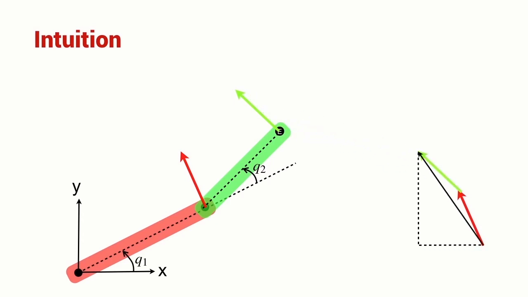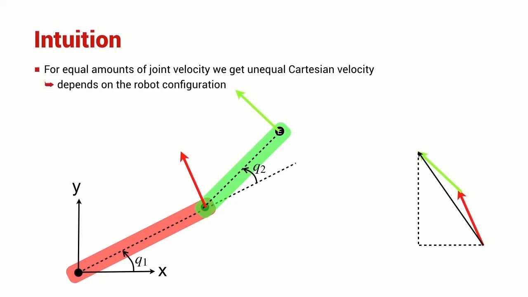And what we see is that in this particular configuration, the robot is able to move more quickly in the vertical direction than it can in the horizontal direction. So for equal joint velocities, we will in general get uneven velocity in the different Cartesian directions. This depends on the robot's configuration.